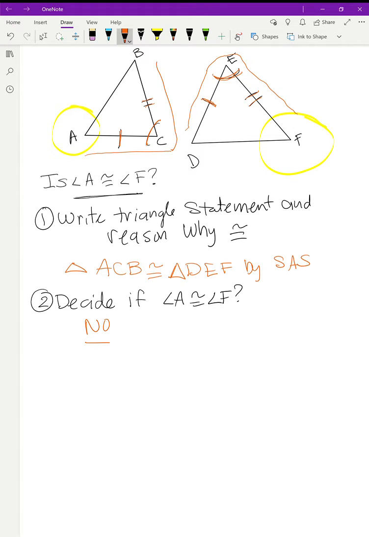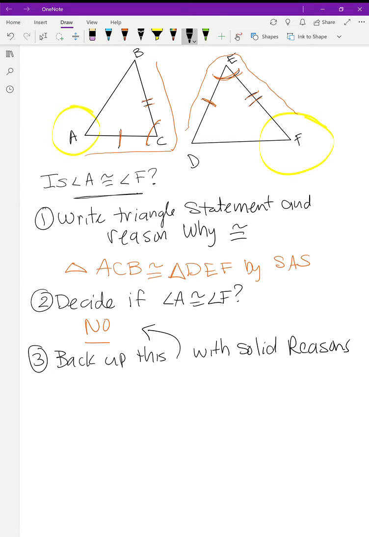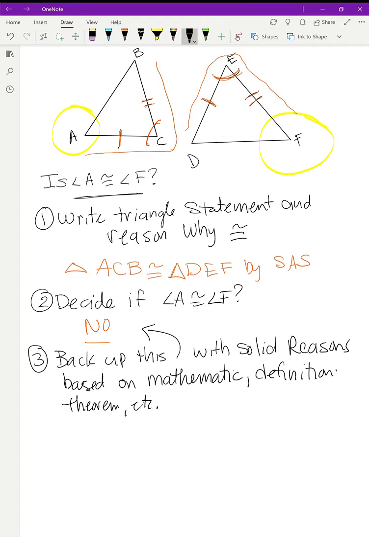Then we need to give some reasons. Okay? We need to back up this answer with solid reasons based on mathematics, and definitions, and theorems, etc. So you've got to make sure you're backing it up.